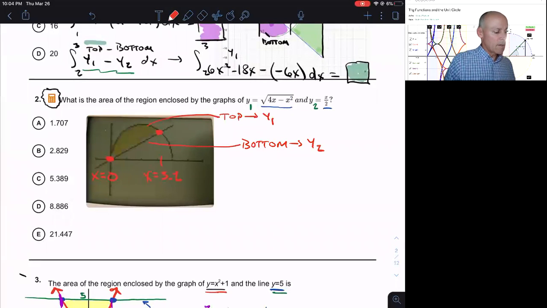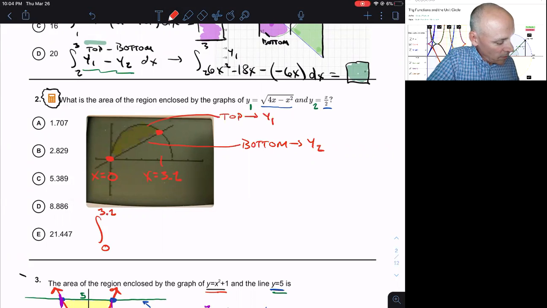Okay, so what I want to do is set up this definite integral, and then I'm going to show you how to put it in the calculator. So the definite integral would be from lower bound of 0, upper bound of 3.2, and then it's the top minus the bottom. Top function is y1, bottom function is y2, and then my differential dx. Okay, and that's going to give me my answer.